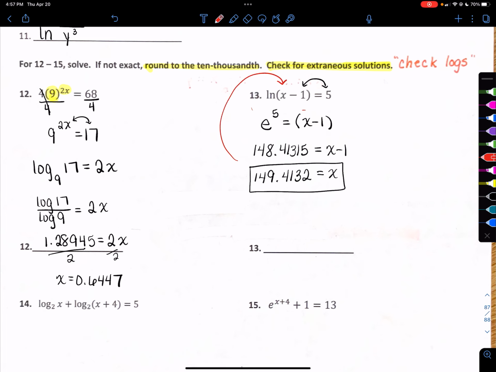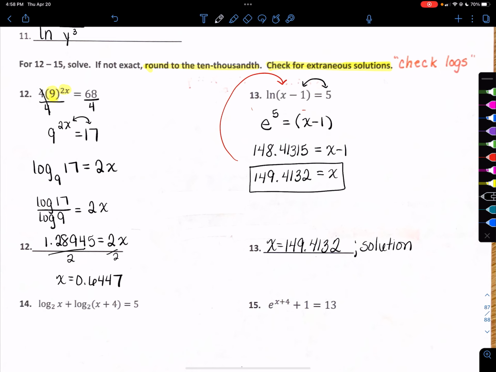So 149.4132 minus 1. Well, that's going to give me 148 with a little bit more. So that one there is a solution. So we have x is equal to 149.4132, and this one here is a solution.